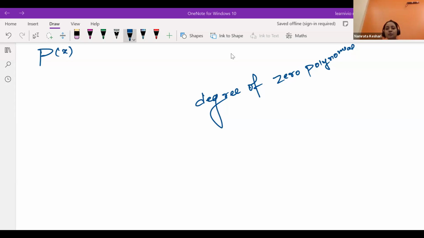Again, if I give the example 25, what is the degree here? According to our logic, maybe there is a variable whose power is zero here, and degree means the highest power of the variable, so zero. From there the name came, zero polynomial or constant polynomial. Clear so far? Yes, ma'am.